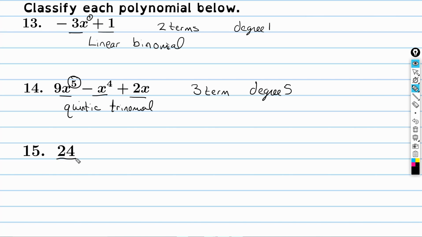So I have just 1 term and no variable. And so that means my power is 0. So that gives me a constant monomial.